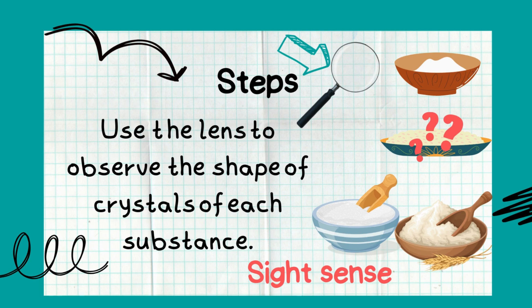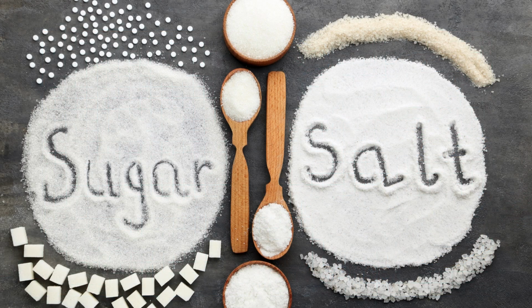So from here, we examined the sugar and salt, and we found that both of them are made up of crystals. The large crystals are in sugar and the small crystals are in salt.